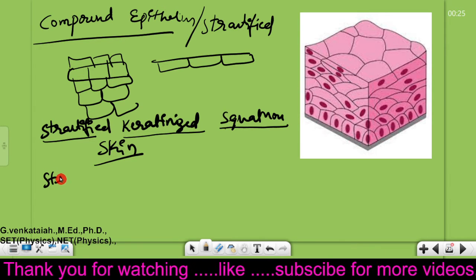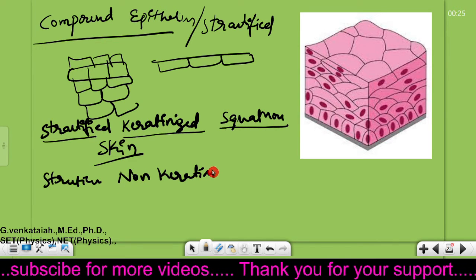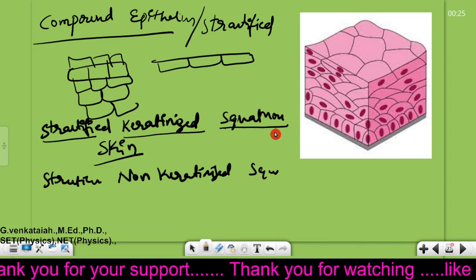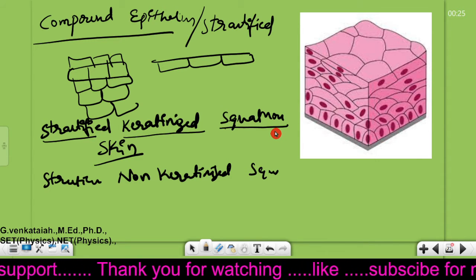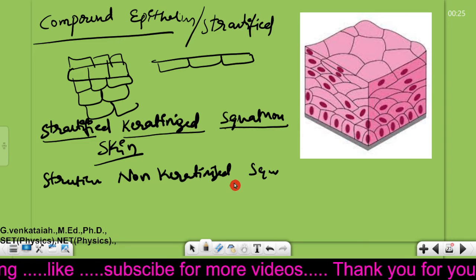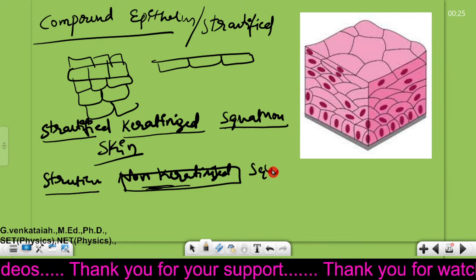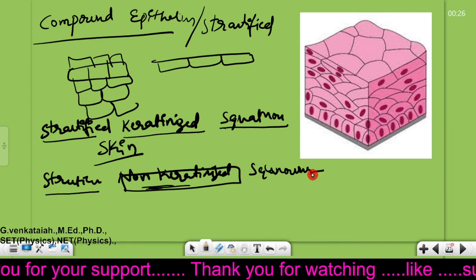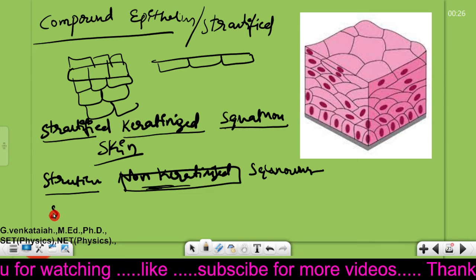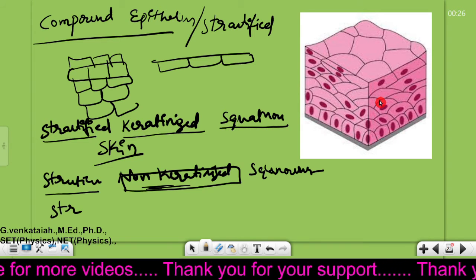Some stratified non-keratinized squamous epithelium cells are also there in the inner lining of ducts and salivary glands, and similar areas.